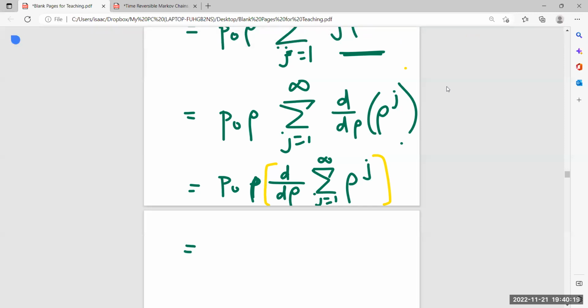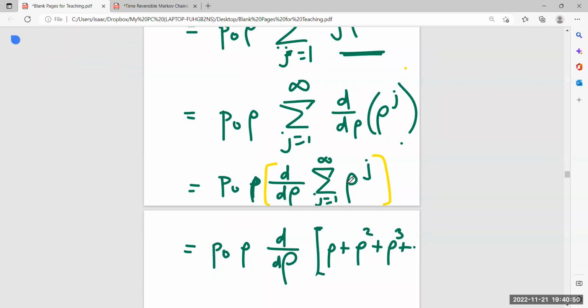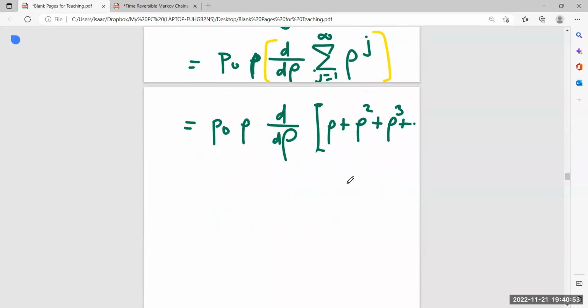So this is P0 by rho. This would be d rho. This sum here would be what? The differential of the sum would be what? Rho plus rho squared plus rho cubed and so on, right?